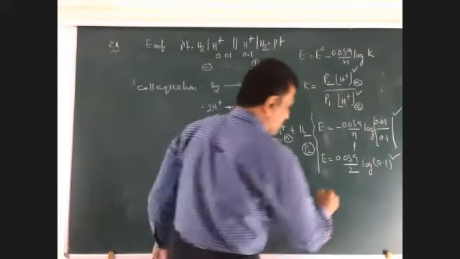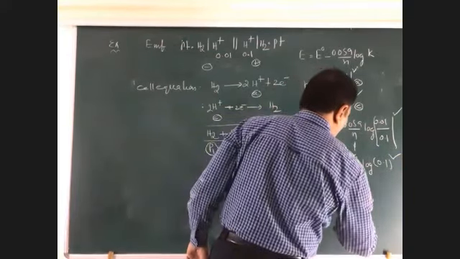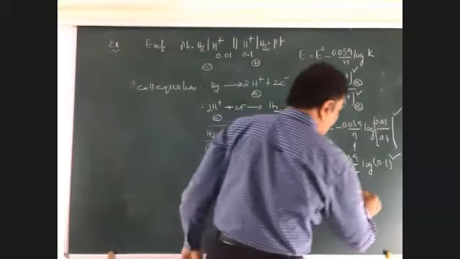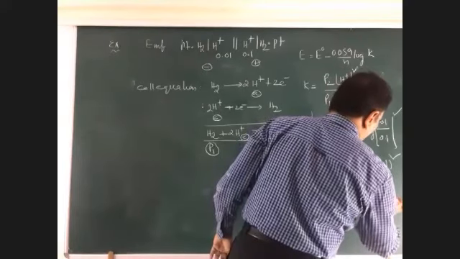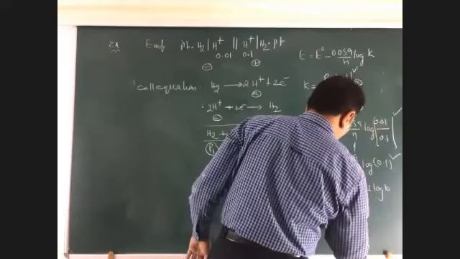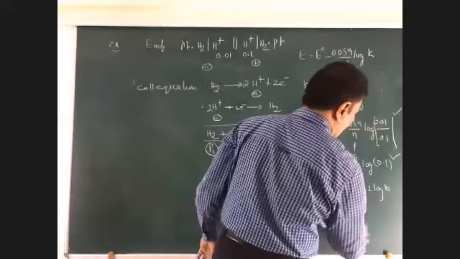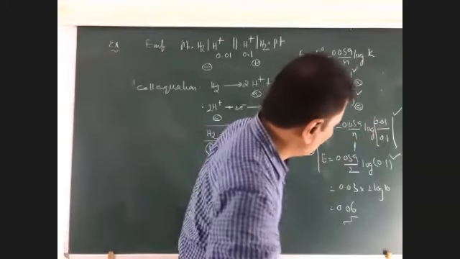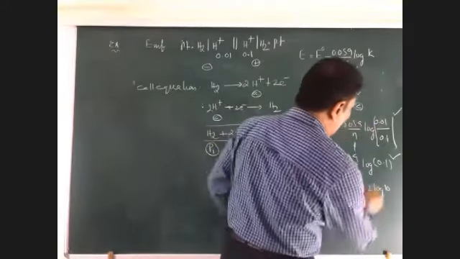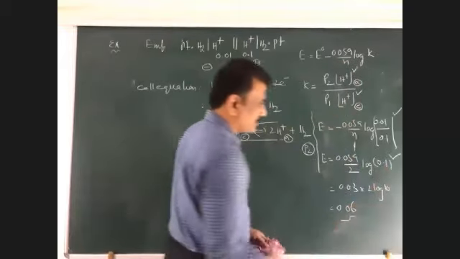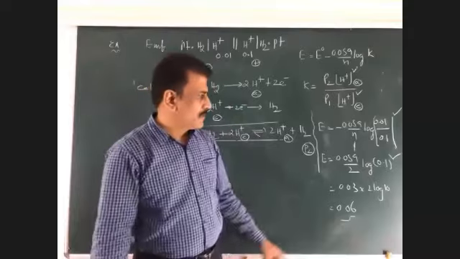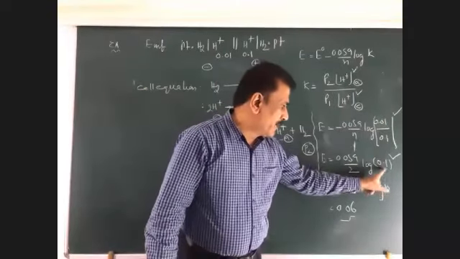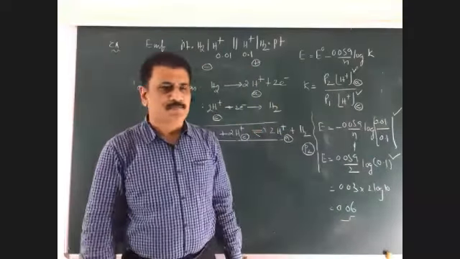So which is equal to 0.03 into 2 log 10. Therefore, its value becomes 0.06. This is 0.1. Likewise, you have to calculate.